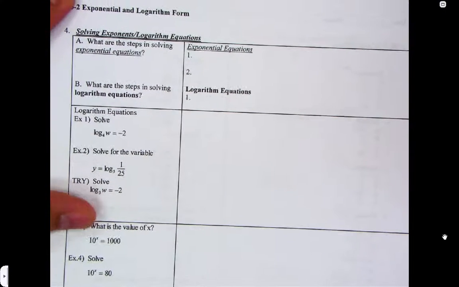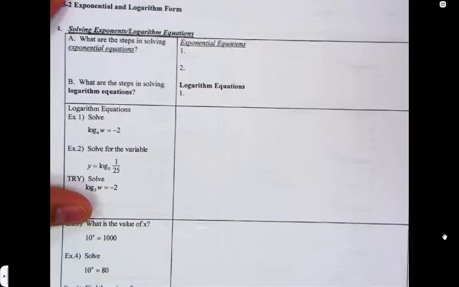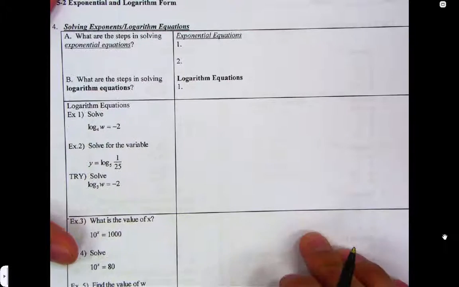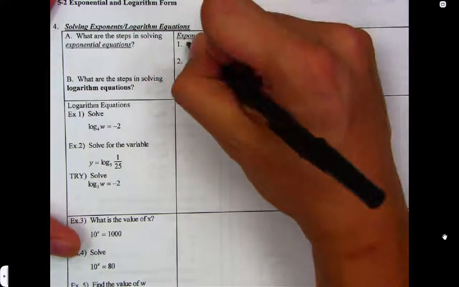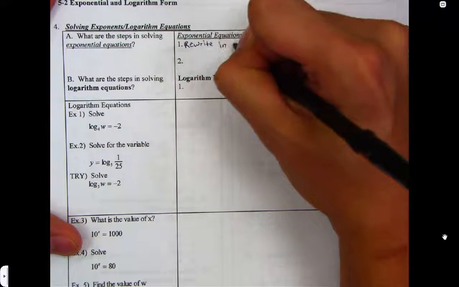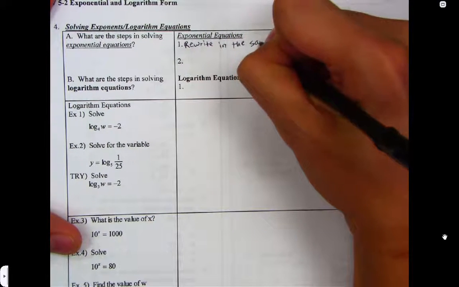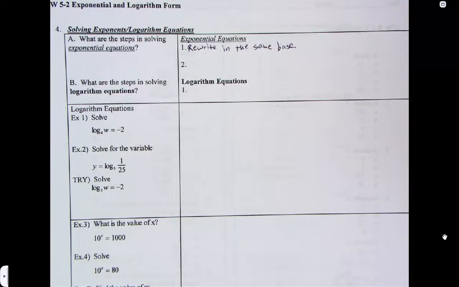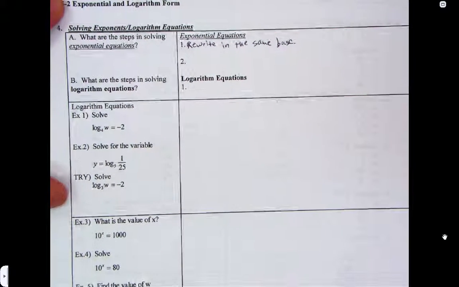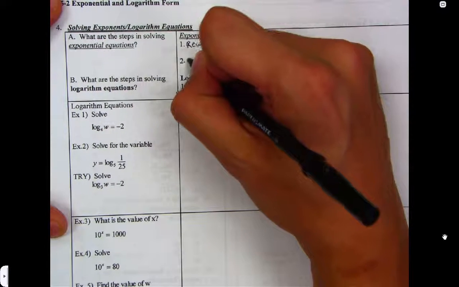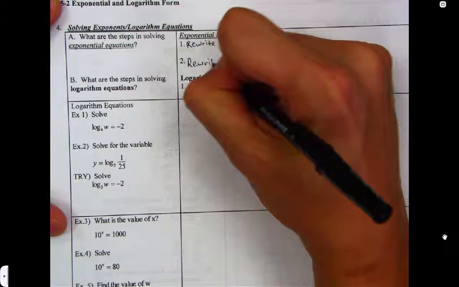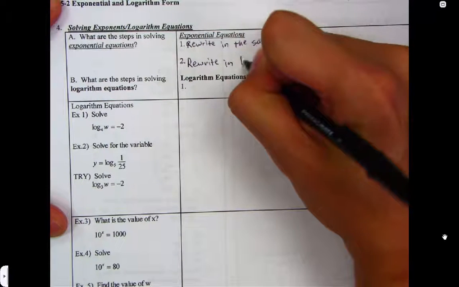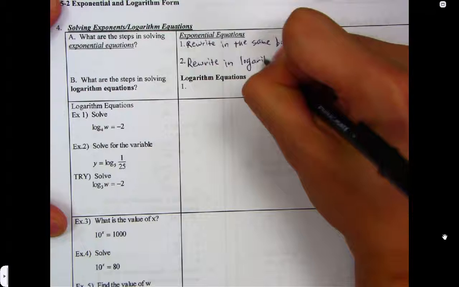What are steps in solving exponential equations? Well, for exponential equations, the first step is to rewrite in the same base. If you can rewrite in the same base, you can use your one-to-one property of exponents. 2, if you can't do that, we're going to rewrite in logarithm form.